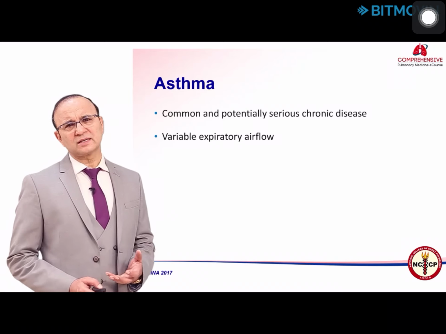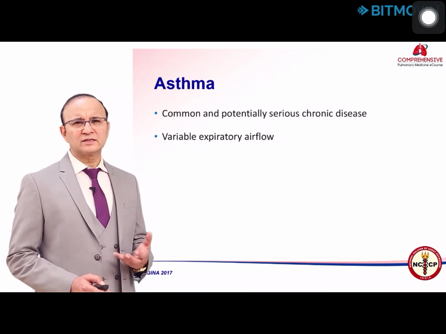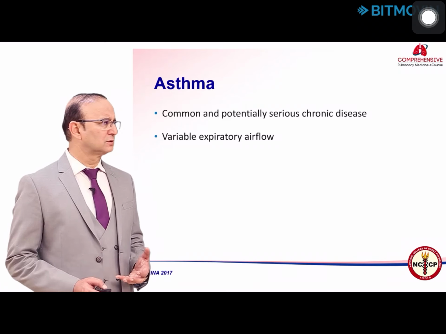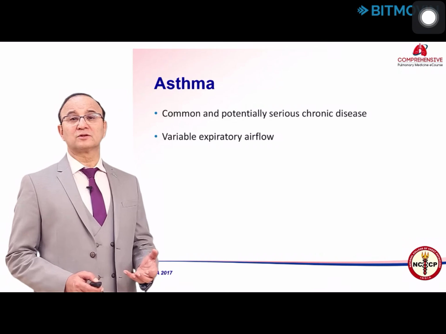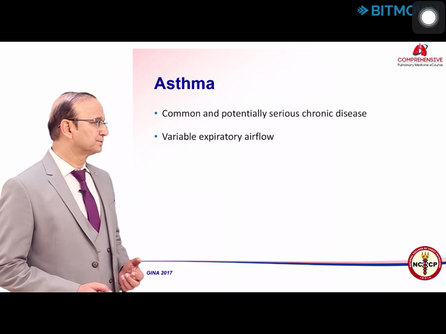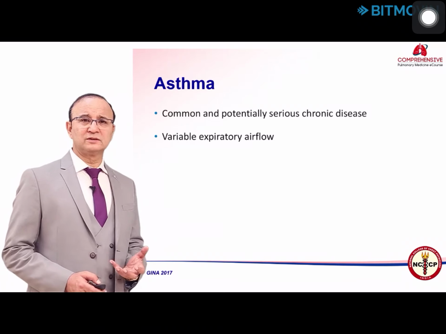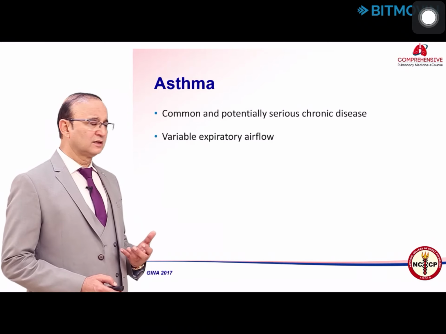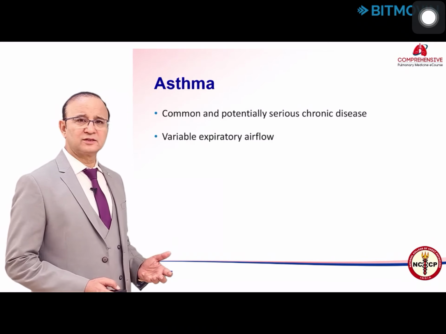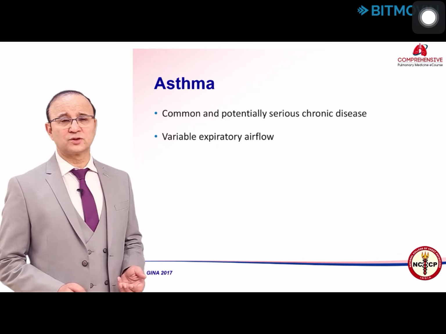And symptoms are associated with variable expiratory flow limitation, and this is because of the bronchoconstriction, the airway wall thickening because of inflammation, and the mucus which lies in the airways. Symptoms can be triggered or worsened by factors like infections, smoking, allergens, pollens, tobacco smoke, exercise and stress.